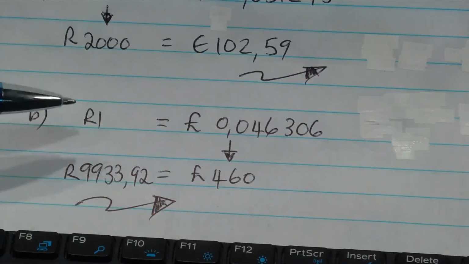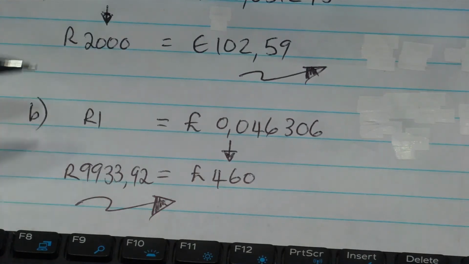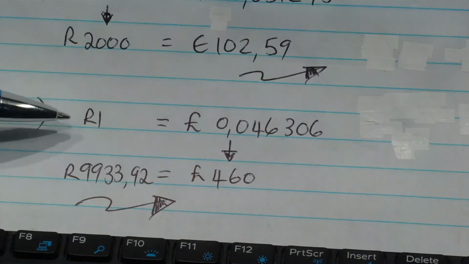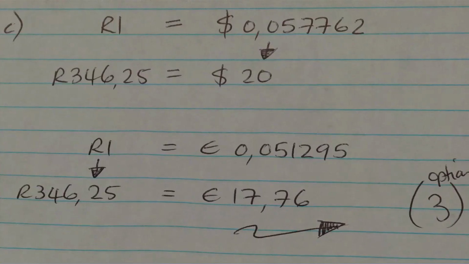And then you must do the same thing on the other side to this 1 rand. First you divide it by 0.046306, and then you times it by 460, and you'll get that number of rands, 9,933.92.